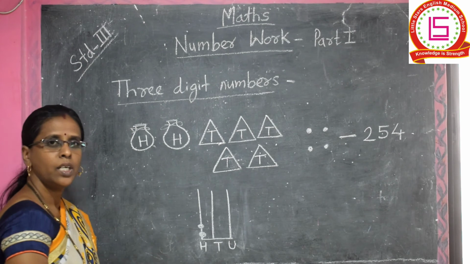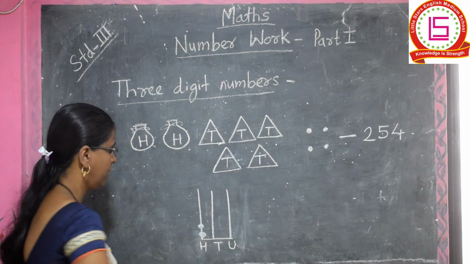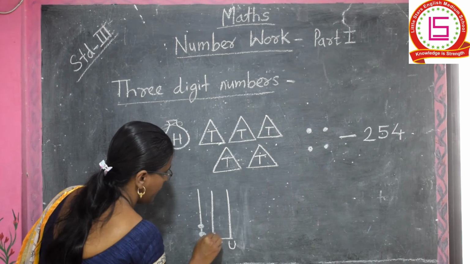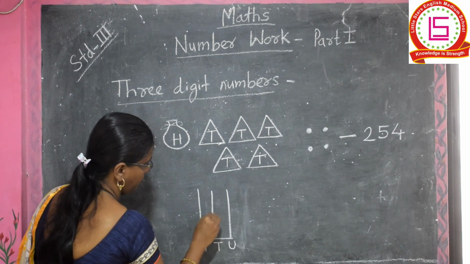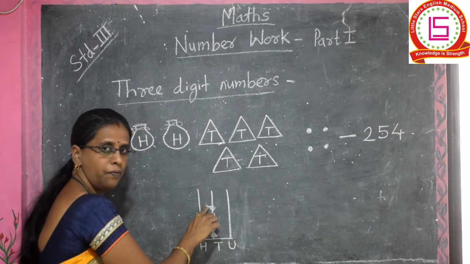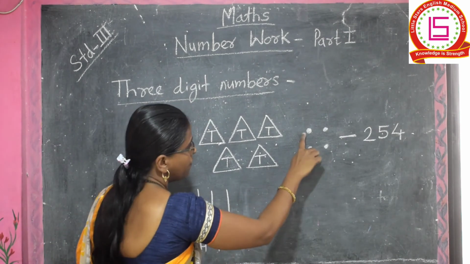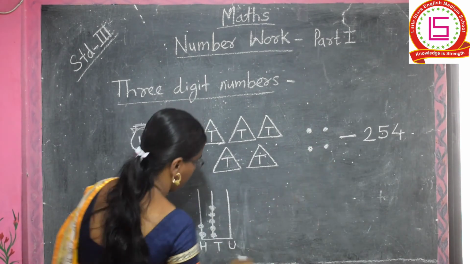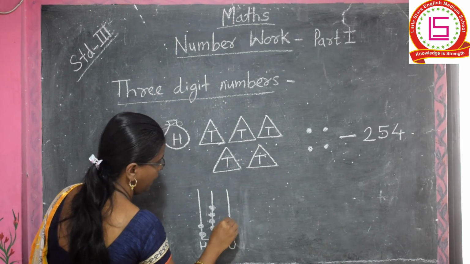And how many tens here? 5. So at the tens place we draw 5 beads. 1, 2, 3, 4 and 5. And the last, the unit place: 1, 2, 3, 4.